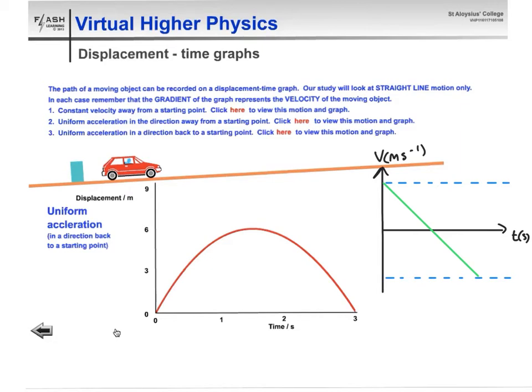Say that was 20 meters per second. So at the start here, the car's going at 20 meters per second. It then slows down, so decelerates, until it reaches a velocity of 0.